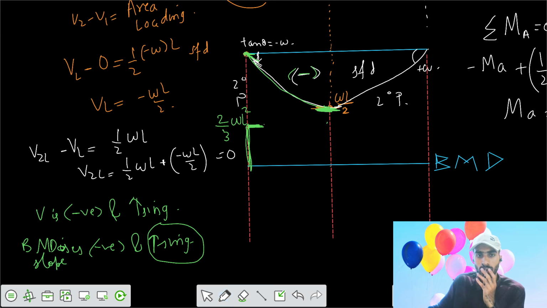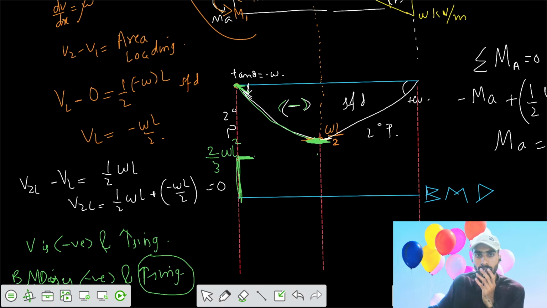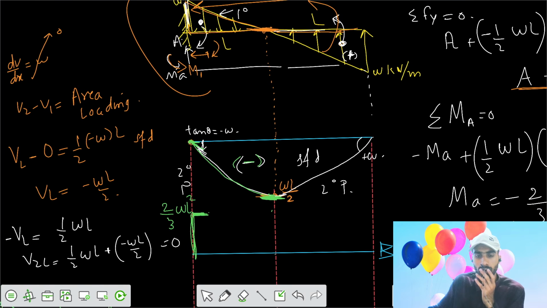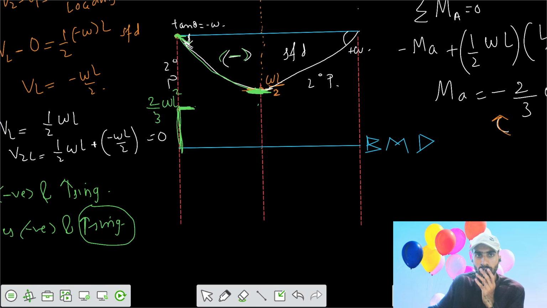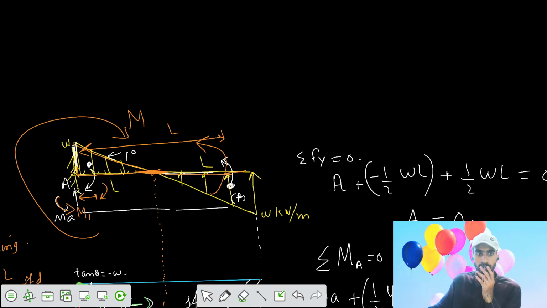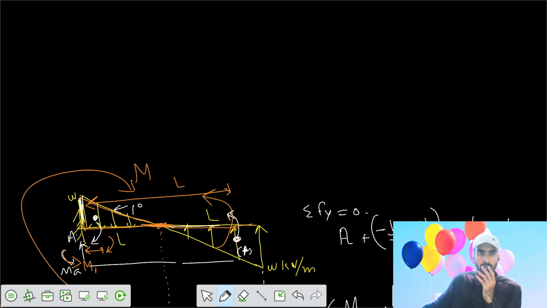Let's say what is the value of that slope. We would check the value of bending moment at mid first. Say the bending moment at mid, we can calculate that. This is up to the mid part. We want to calculate the bending moment at mid.